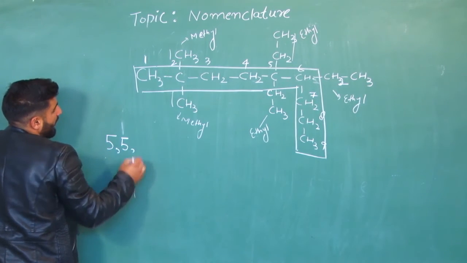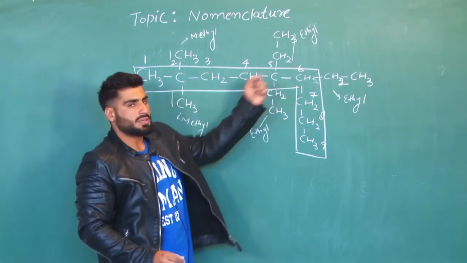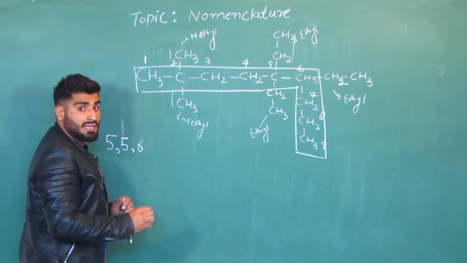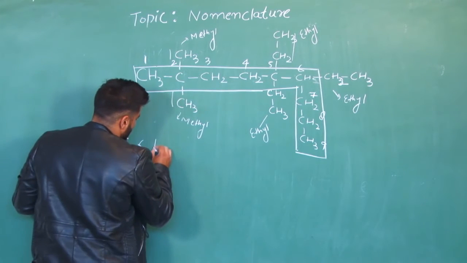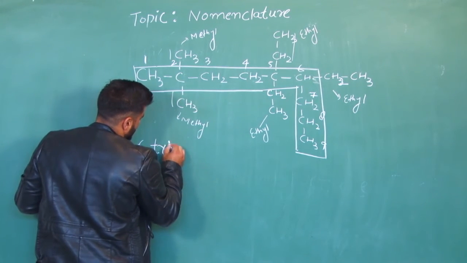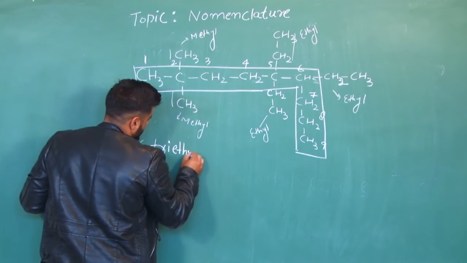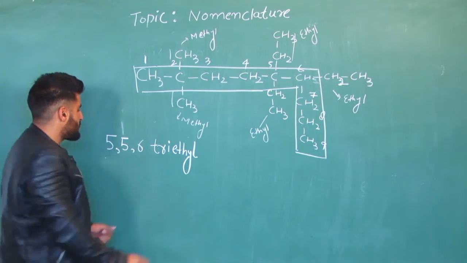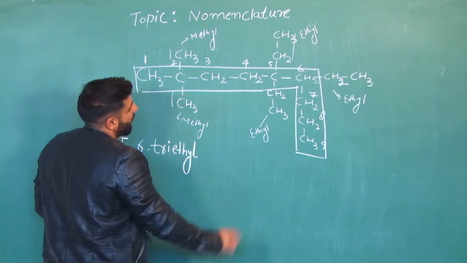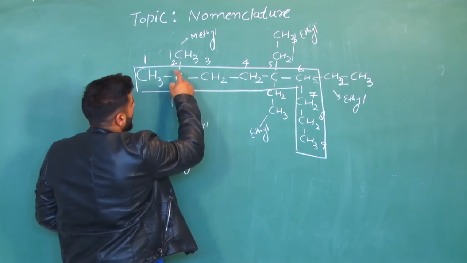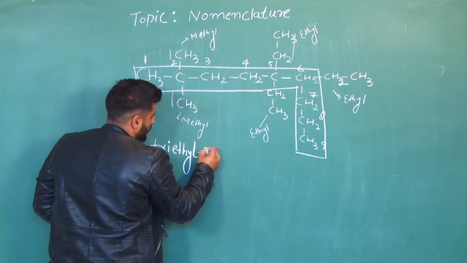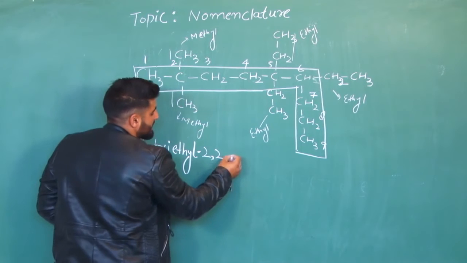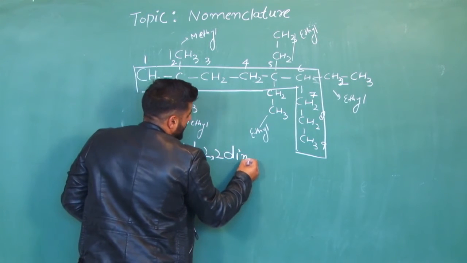And I have another ethyl on carbon number 6. So 5, 5, 6. How many ethyl? 3 ethyls. So I will be writing triethyl. This is 5, 5, 6 triethyl. Now after ethyl I have methyl, at 2 and at 2. So 2, 2. I have 2 methyls, that's why dimethyl.